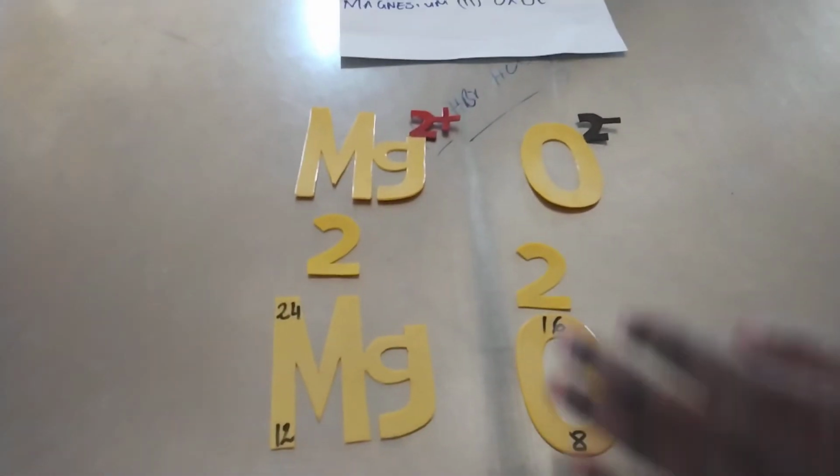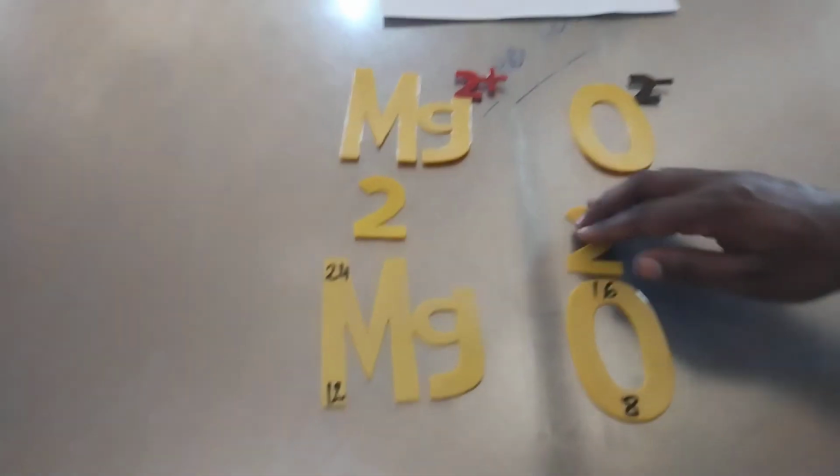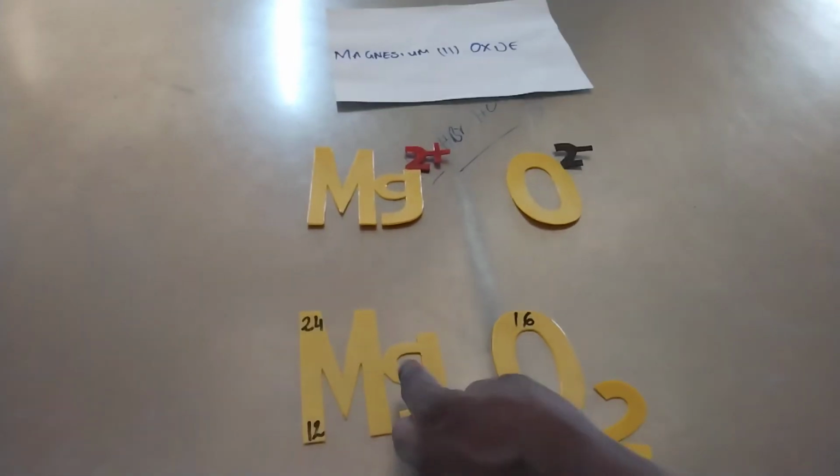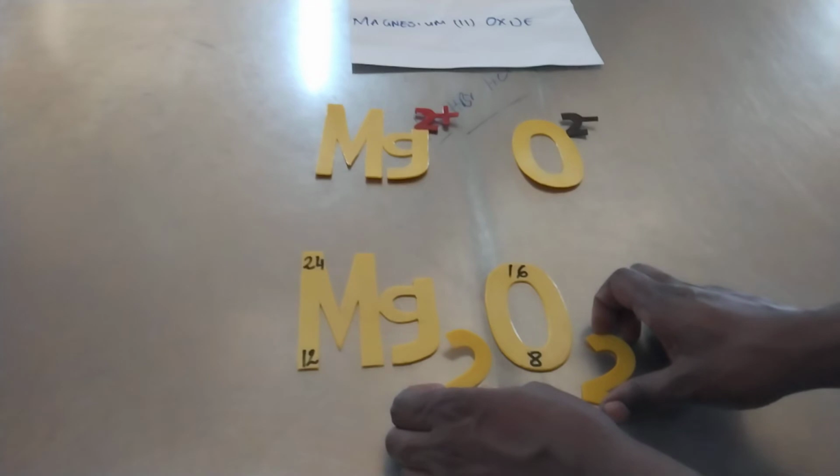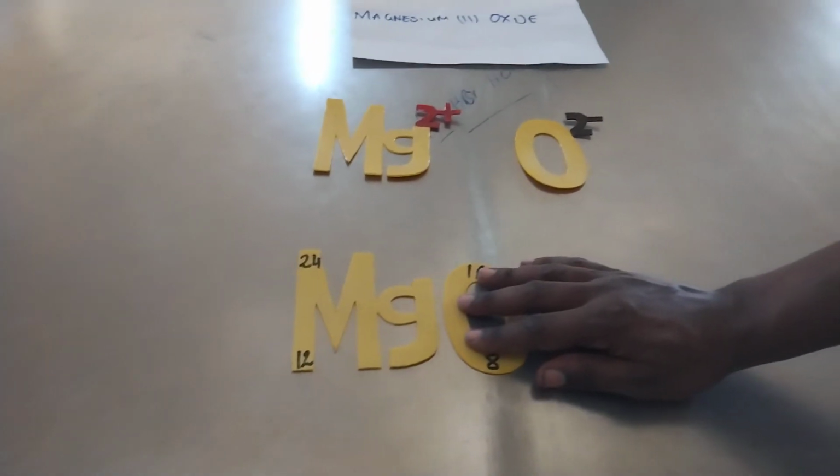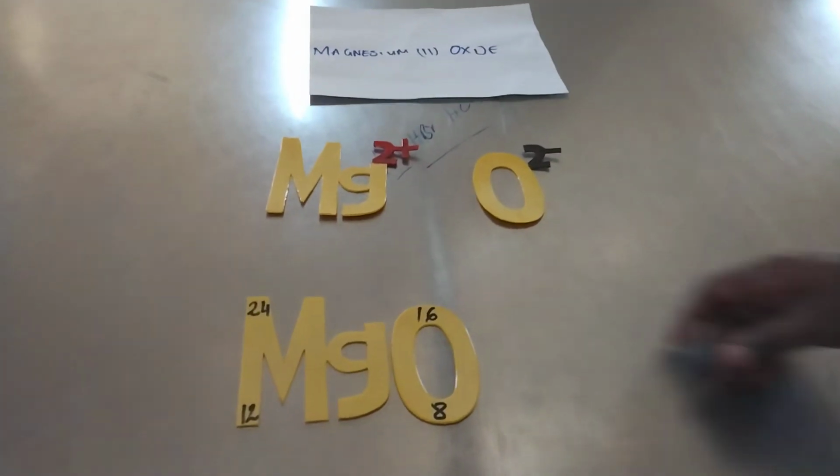So when you swap these two, we're going to have a 2 there and a 2 there. So this becomes our formula. Now, because these two are equal, when you divide 2 by 2, you get 1, 1. So the ratio in which these are combining is equal. So the 2 cancels out, and the formula for magnesium oxide is this one.